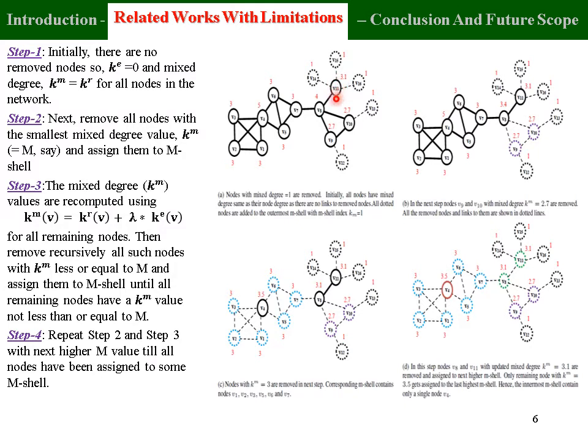We need to know its residual degree. It is connected to the rest of the network by one link, so the residual degree is 1. And what will be its exhausted degree? It is connected to 3 removed nodes, so there are 1, 2, 3 removed nodes, so the exhausted degree will be 3.